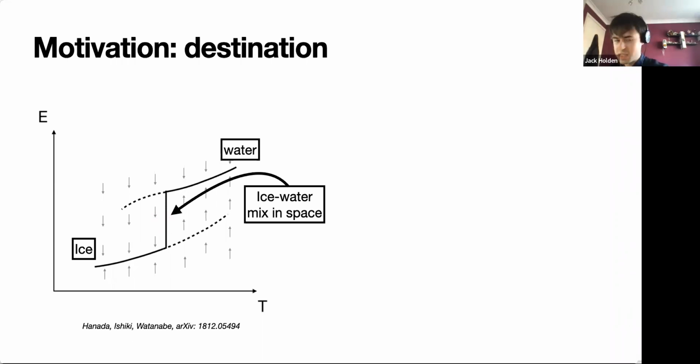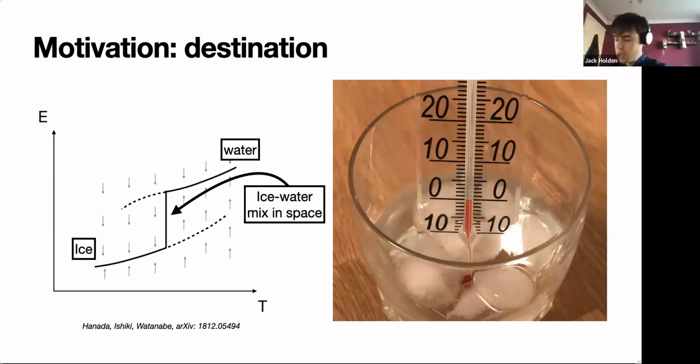There are states along this transition temperature which are a mixed state of ice and water, where ice and water coexist at different points in space. This will be familiar if you've seen ice melting, and there'll be a coexistence of an ice-water state at 0 degrees Celsius.